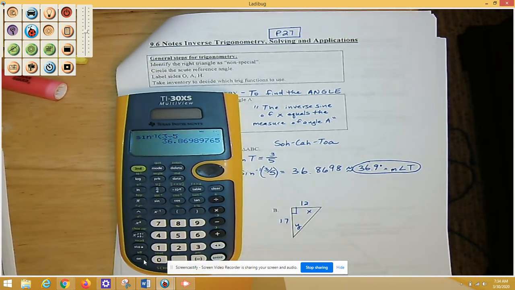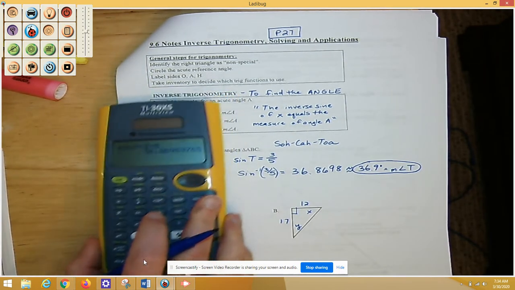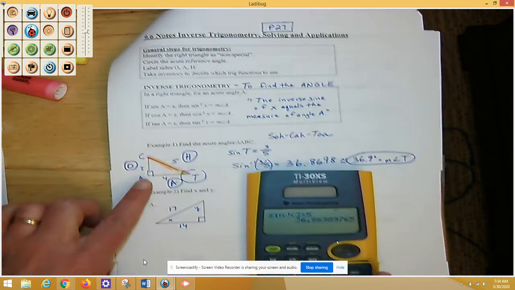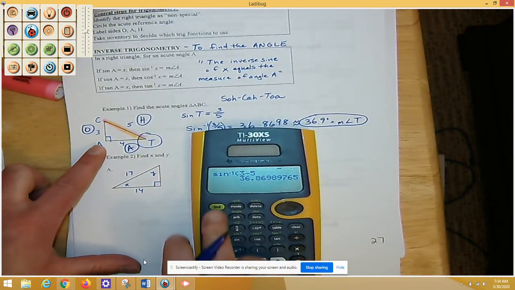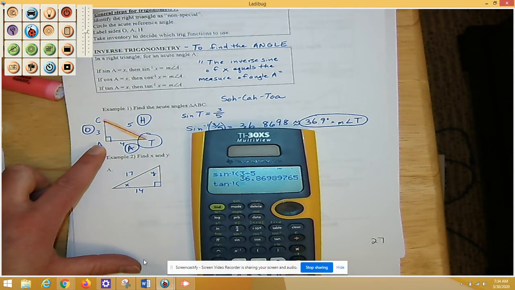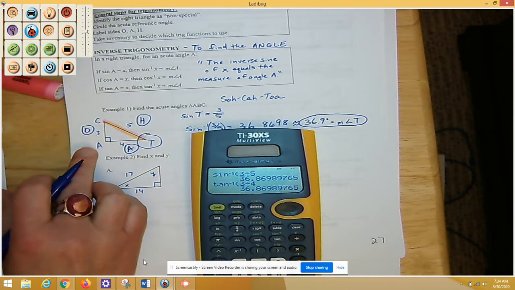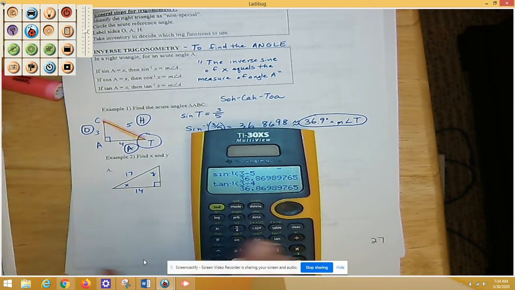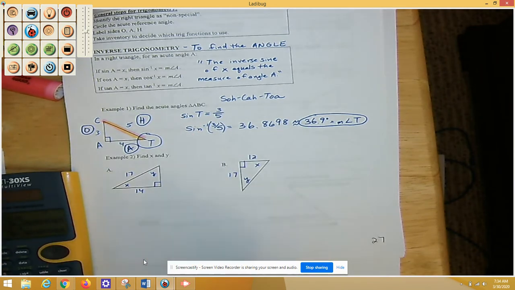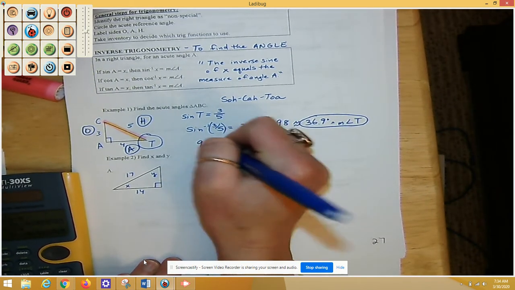Okay, now I could have done that using different numbers, and you don't need to do this, but I am going to just quickly show you. Say you wanted to do that with tangent, I could have done the second tangent of 3 divided by 4, and I get the exact same angle. Now, you can repeat the process and do that for angle C. Remember, we talked a lot about how you can just do the complement.